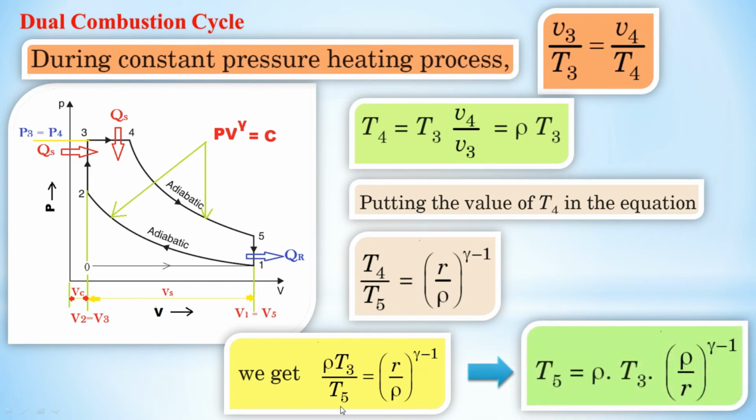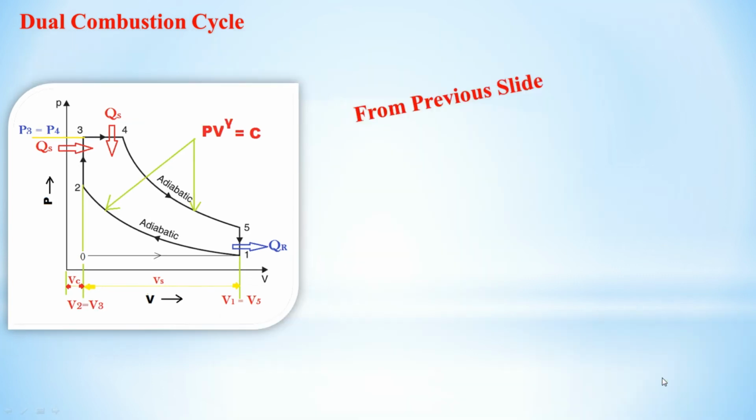Here we make T5 the subject, cross multiplying, so T5 equal to rho into T3 into rho upon r raised to gamma minus 1. So it is the value of T5 in terms of T3. It is our objective to convert all the terms into T3. Here T4 is converted into T3, and here T5 is converted into T3.